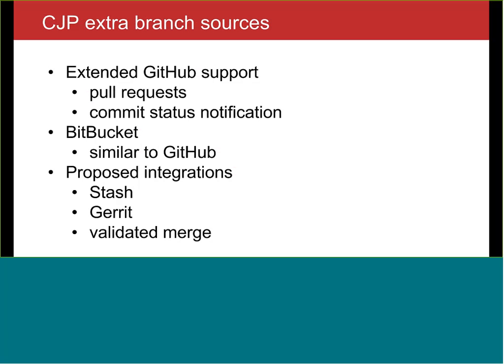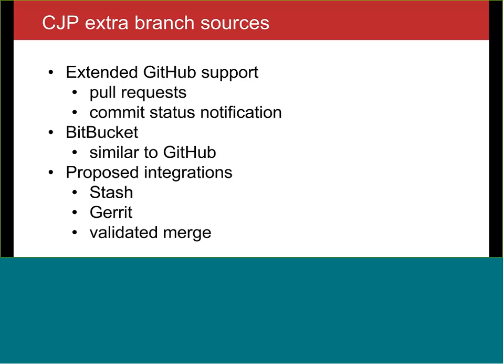In the CloudBees Jenkins platform, so my employer's proprietary extensions to Jenkins, we're adding some additional branch sources and branch source features. So to flesh out the GitHub support, we're adding support for building pull requests, which I'll be demonstrating today, as well as commit status notification. This is what tells GitHub whether your commits are good or bad. We're also building BitBucket integration.